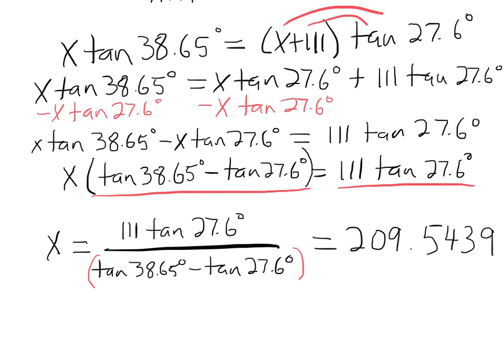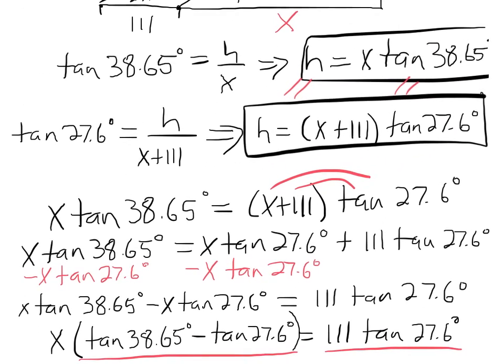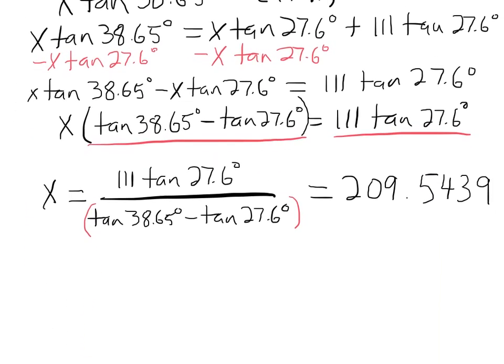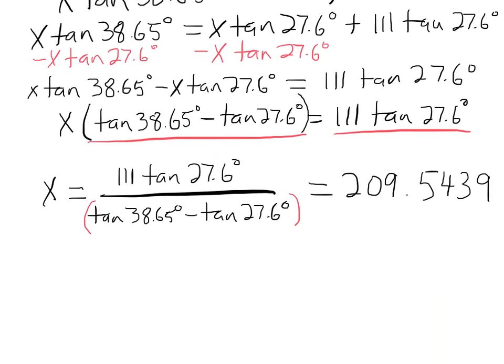Wow, so we've solved for x. Now we need to solve for h. So I need to go back and remind myself of the nicest h expression. Here we have it. H equals x tangent of the 38.65 degrees.